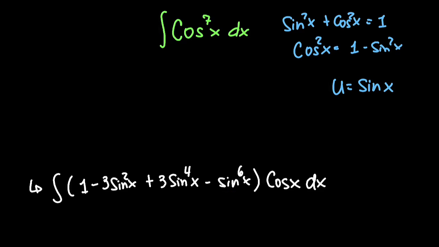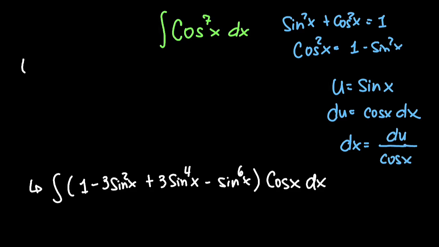So this would be simply sine of x and not sine squared of x, because it will make it more complicated. Taking the derivative, du is equal to cosine of x dx. So we must find the value of dx in order to substitute it in here. Transposing cosine x to the other side, dx would be du over cosine of x. If you substitute dx here, cosine of x would cancel, and that is a mark that you had a correct u substitution.